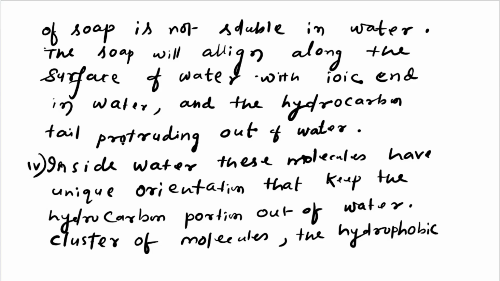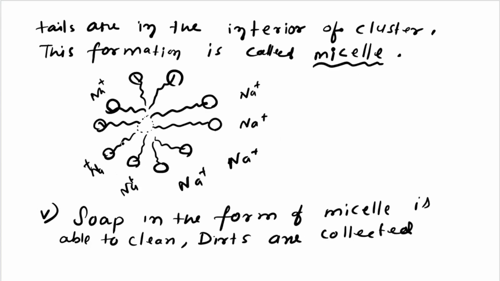The molecules move in such a way that the long chain part is in the center and the ionic part is on the outer side. Hydrocarbon tails protrude out of water and a cluster of molecules is formed, with the hydrophobic part toward the center and the hydrophilic part outside.